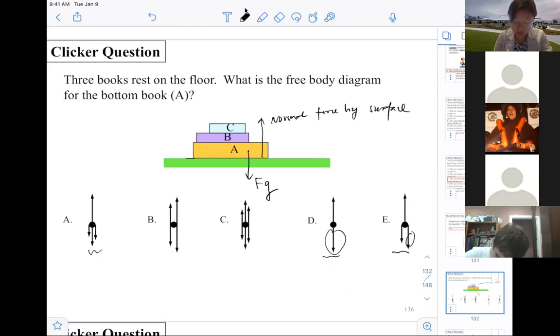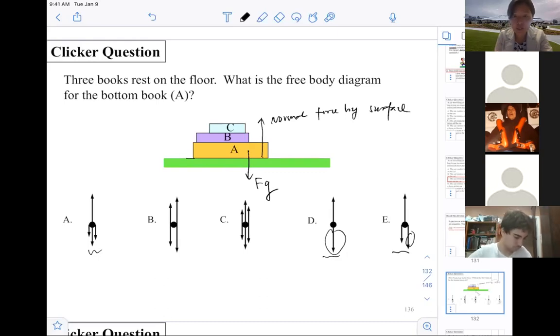And now the question is, are there any other downward forces on A? Free body diagram asks us to isolate the object and look at which other object this object is in contact with. A is touching the surface. A does not touch gravity, but gravity is a long-range force.